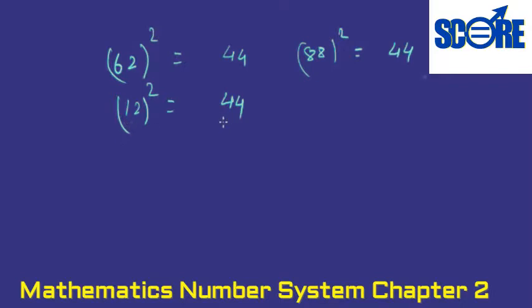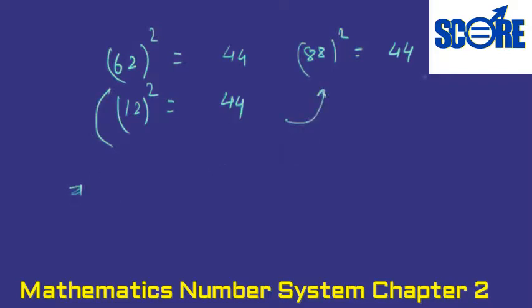If you remember the squares up to 20 or 25, we can calculate the last two digits of the square of any number. The square of 12 ends in 44. Now 62 is 50 plus 12, and 88 is 100 minus 12.